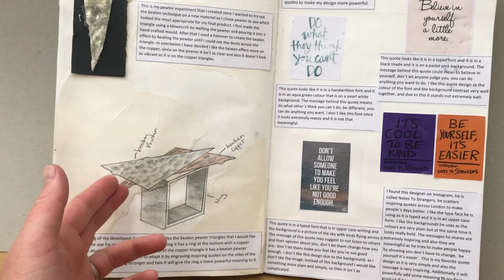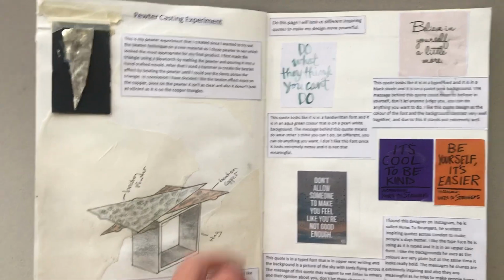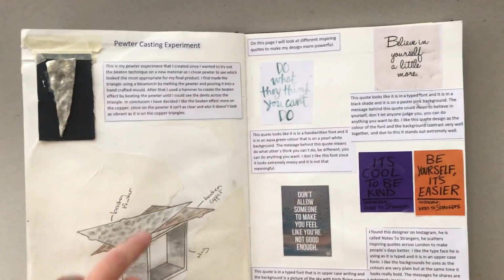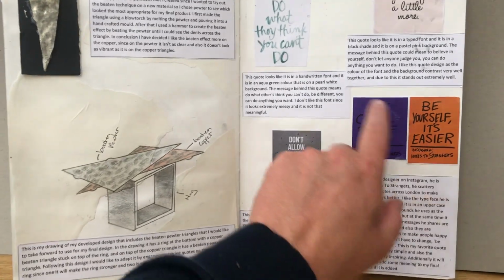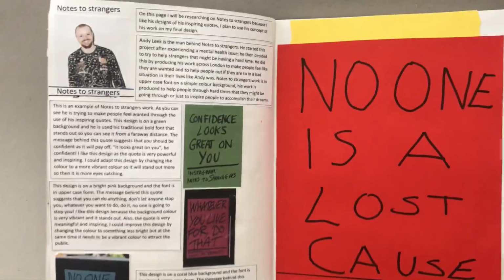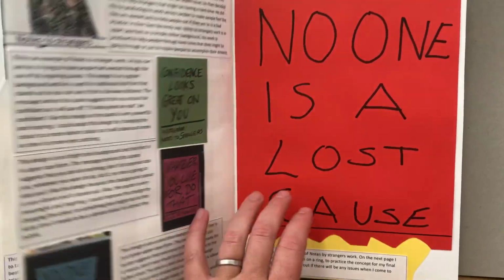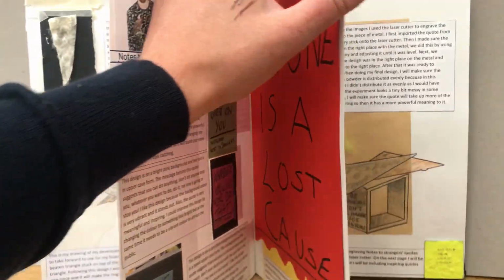So he chose the triangle because the triangle is a symbol of strength, but he wanted to perhaps include some laser cut engraving into the design somehow, and he found a designer who does some interesting, powerful quotes. And then did a bit of research into him. So it's really talking about how the design is now really refining. He's improving it more and more.